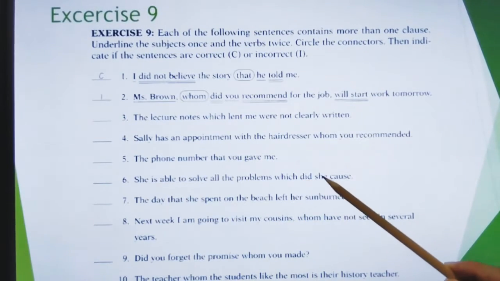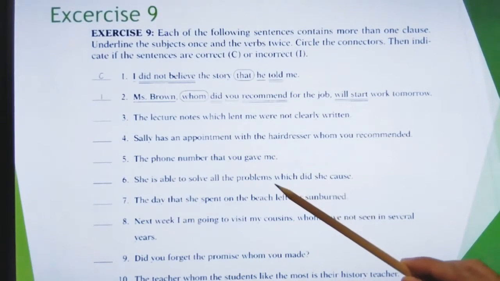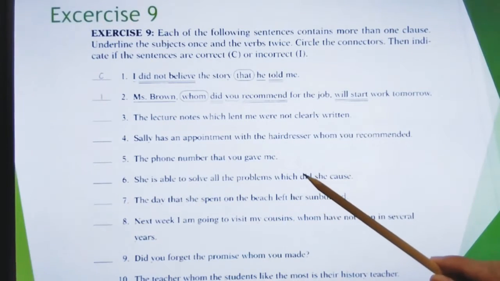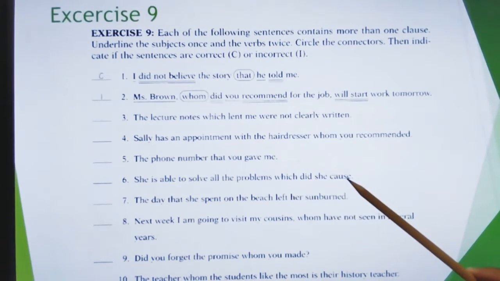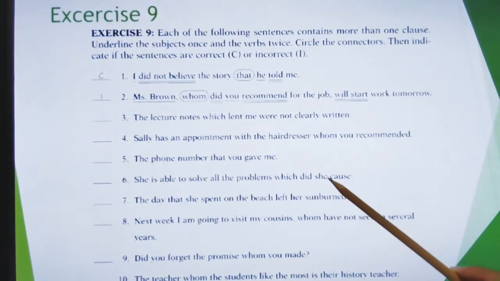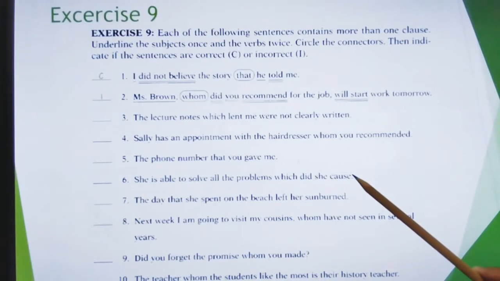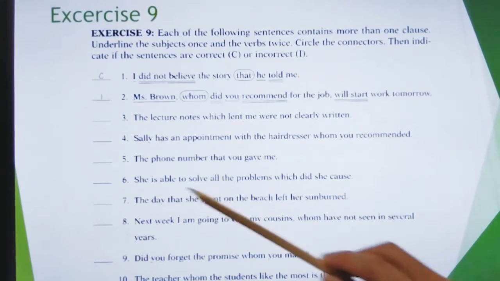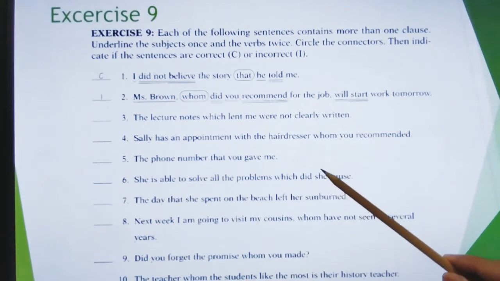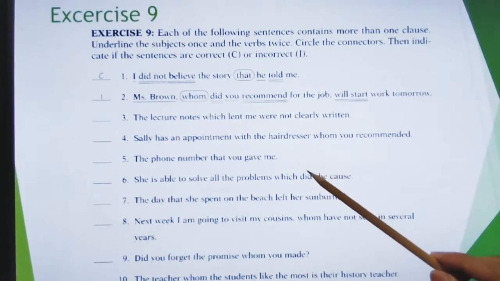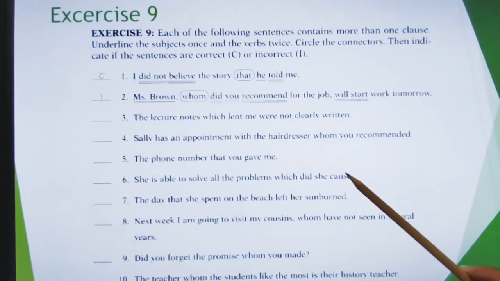Where's the dependent subject? It will be correct if the sentence is like which she caused. So the sentence is incorrect. It should be correct if we just rearrange this: which she caused.